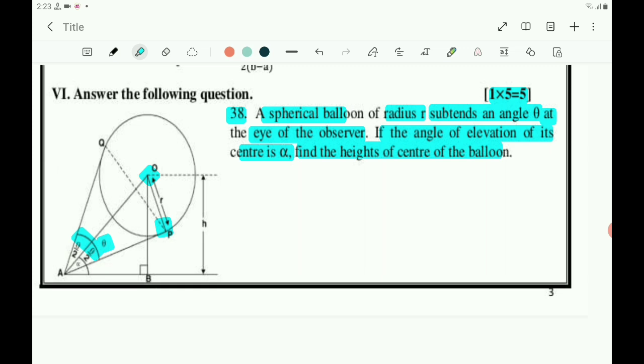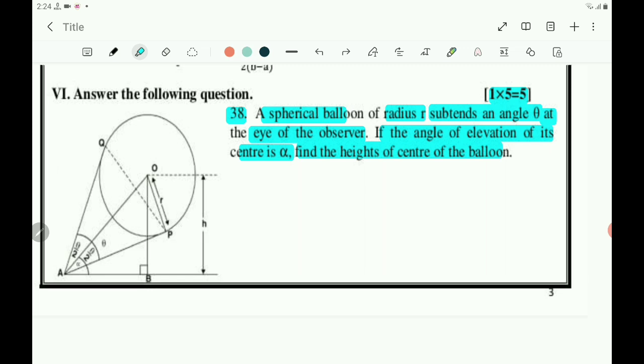What we have to find is the height of the balloon, and it is also given that there is one more angle, alpha, the angle of elevation of the center from the point A. Here r and theta are not given numerically, so in terms of theta, r and alpha, we have to express the height of the balloon from the ground.